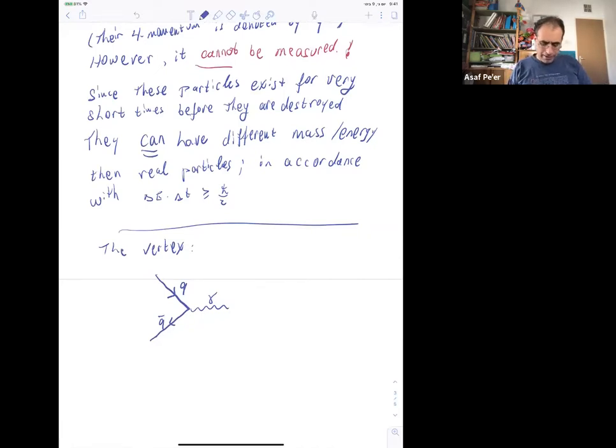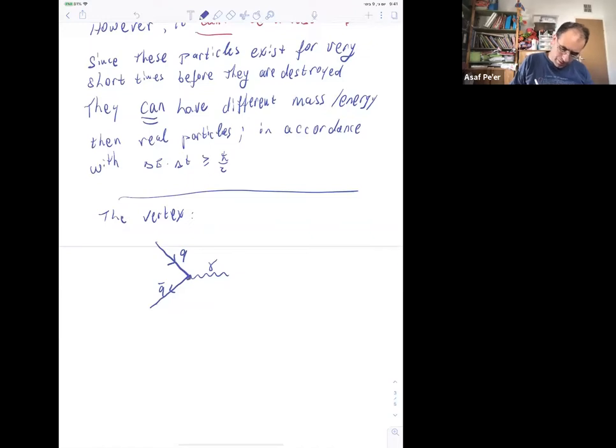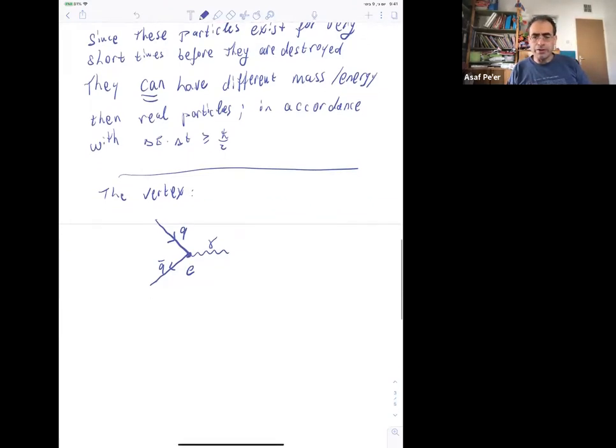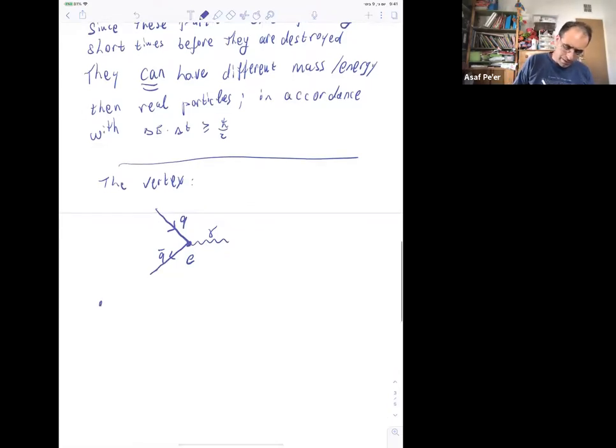Okay, so the vertex here, which we denote with an E, is the most important ingredient in a Feynman diagram. This is where particles are created or destroyed.